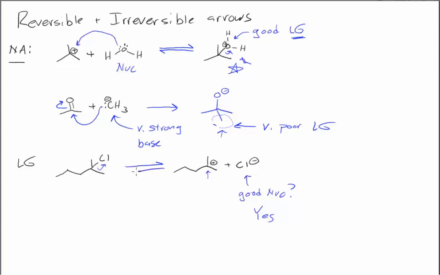And therefore, loss of leaving group can just as easily be nucleophilic attack if I use that arrow and we envision the reaction proceeding to the left. So I'm going to erase that arrow. We don't normally include that, but you could see here that the chlorine could potentially act as a nucleophile. So often, most of the time with loss of leaving group, we use reversible arrows.